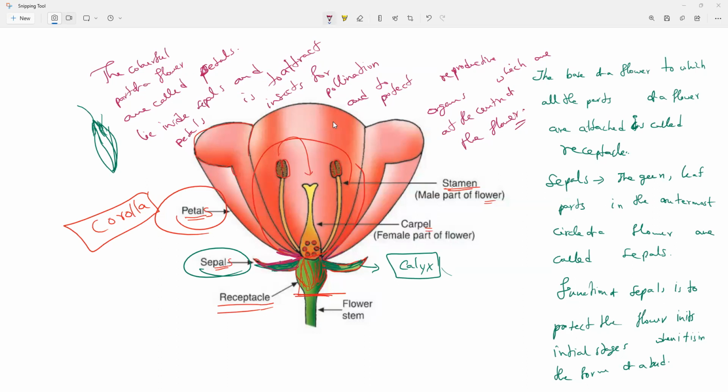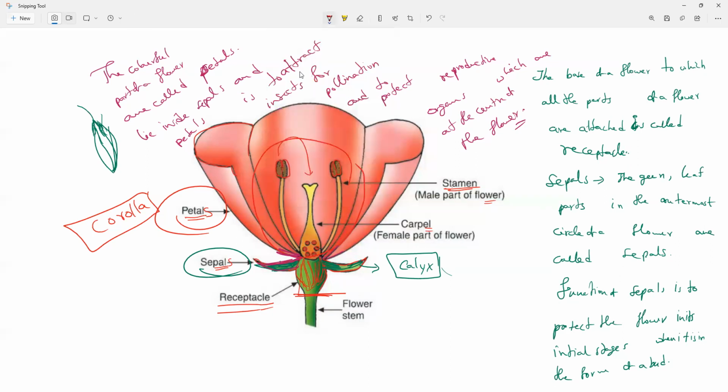So next, the fourth part actually. That is only stamen. So write it. This particular part alone, if I cut it, is called the male reproductive part.